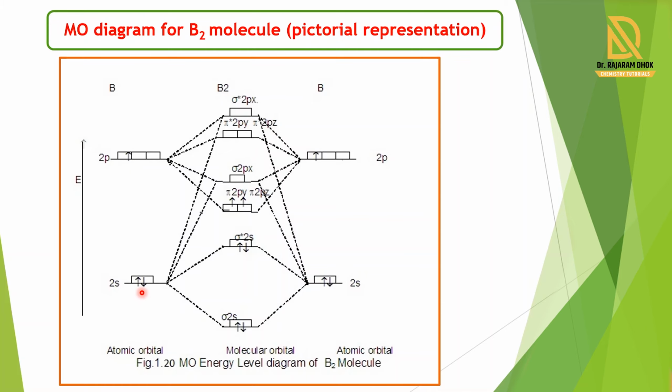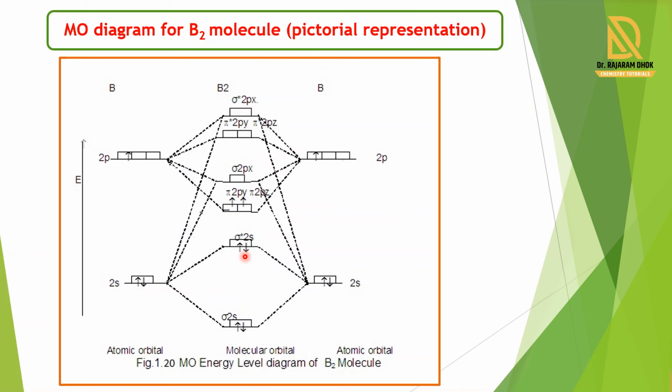When the wave functions of the 2s atomic orbital of the first atom and the 2s atomic orbital of the second atom are the same, they form a bonding molecular orbital, that is sigma 2s. When the wave functions of these 2s atomic orbitals are different, they do not combine; instead they repel and the energy increases, forming the antibonding molecular orbital, sigma star 2s.